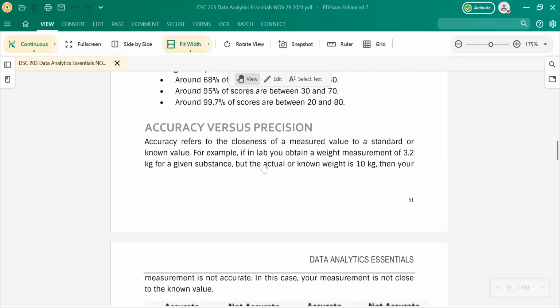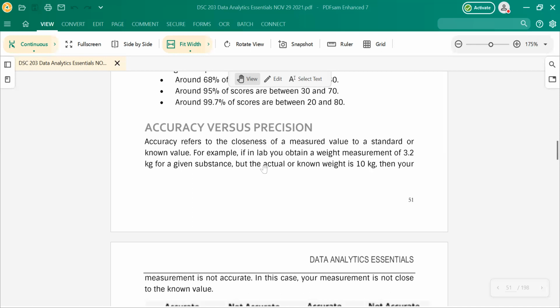For example, accuracy is how often you are late. Let's say the class time is 7 o'clock, and I log in sometimes at 6:45, sometimes at 7:15. On average, I'm logging in perfectly at 7.